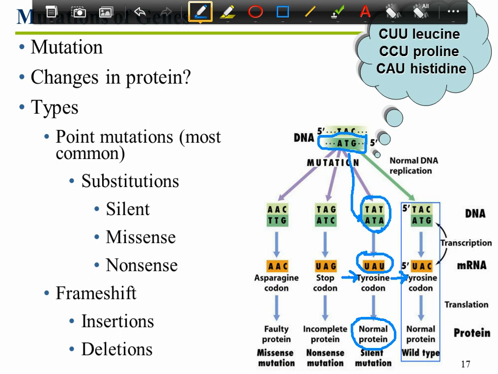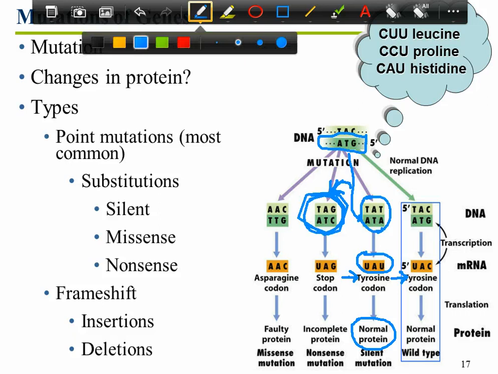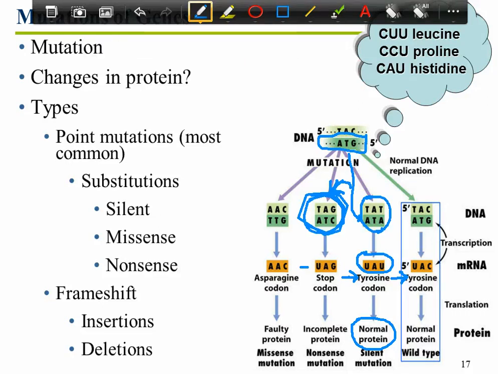Now, go over to the left. One more. And you see that here, as a result of that change in the DNA, we now get a codon UAG, and UAG, remember, is a stop codon.